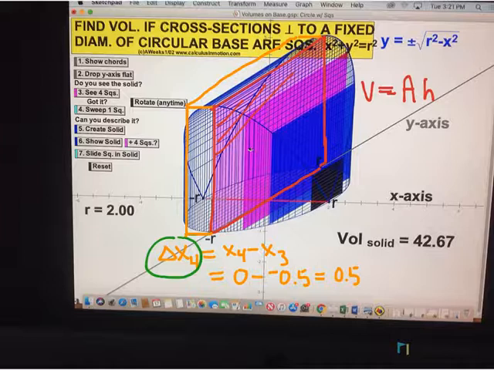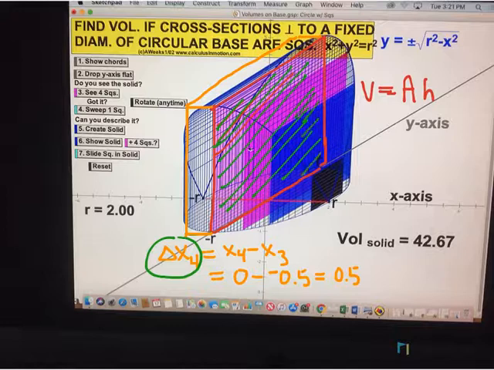And of course, the area of the base is going to be the area of our cross-section that is perpendicular to the x-axis. So how can we find the area of each square that's perpendicular to the x-axis?